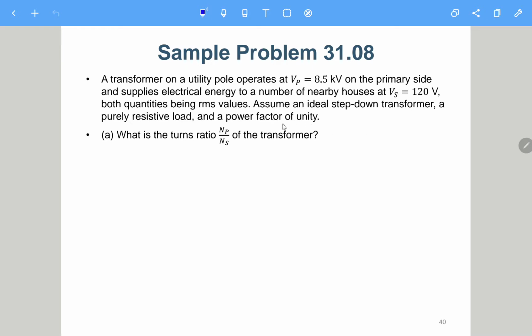So the power factor equals 1, which means cosine of phi equals 1. There is no phase shift. What is the turn ratio Np over Ns of the transformer?